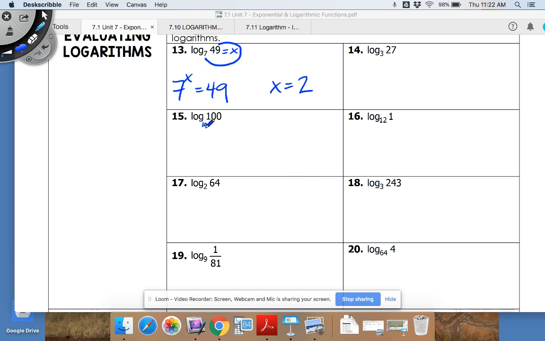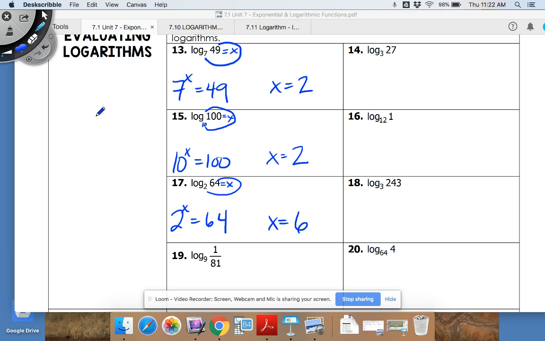This has a base of 10, so when we rewrite it, it would be 10 to the what power equals 100. Well, 10 to the second power equals 100. This is saying 2 to the what power equals 64. Well, 2 to the sixth power is 64.